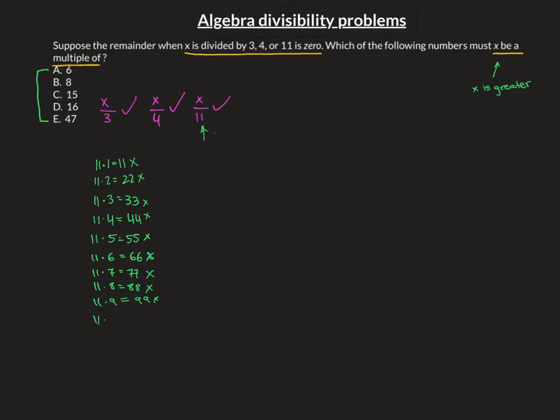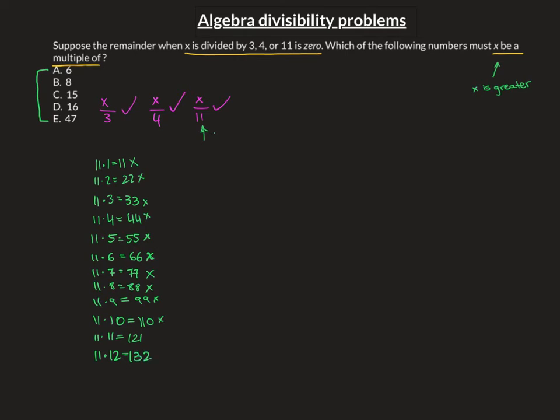Then 11 times 10 equals 110. This does not work. Then 11 times 11 equals 121. This does not work. And then 11 times 12 equals 132.